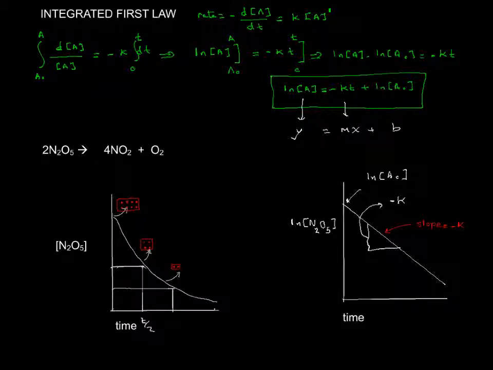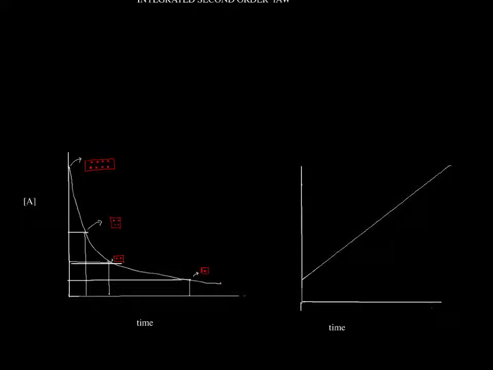Now finally, let's look at the second order for the sake of IB. This is second order, when the rate is equal to k times the reactant A squared, and it's equal to minus dA over dt.